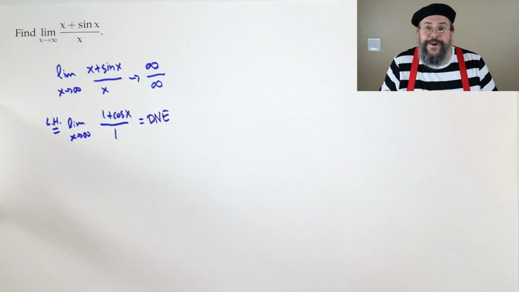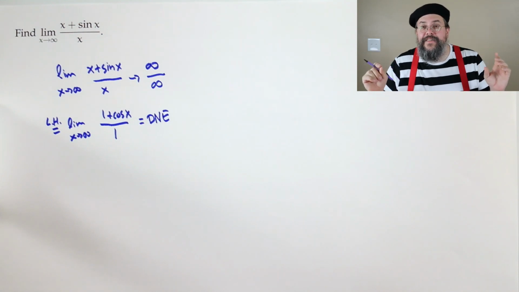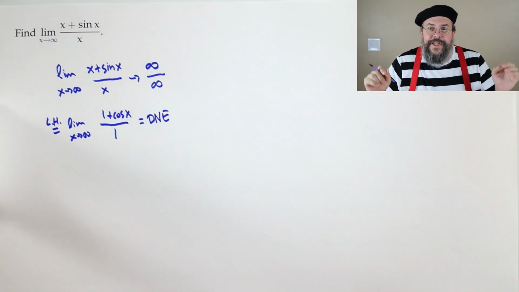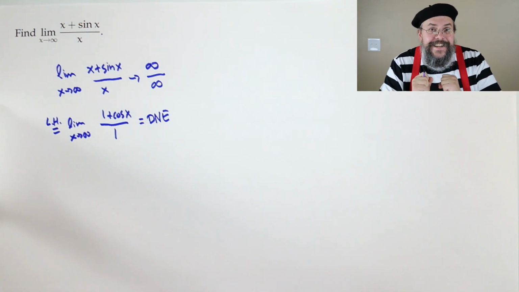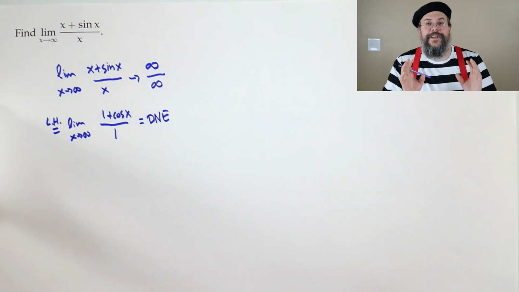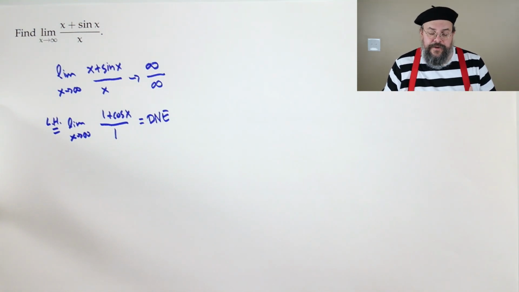Now, let's pause. What does that say about our original limit? You might say, aha, so our original limit does not exist as well, right? Well, no. Here is the problem. Remember that one of the things we said about L'Hopital's rule is that when we apply it, there are a couple of things that have to happen.